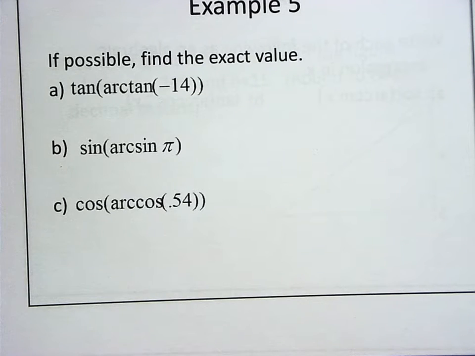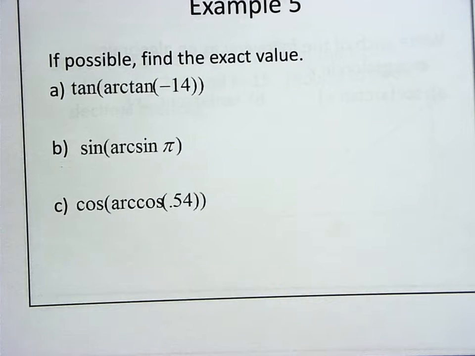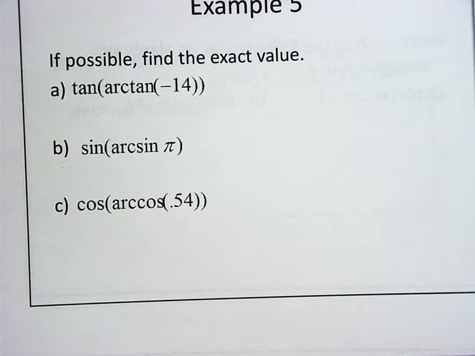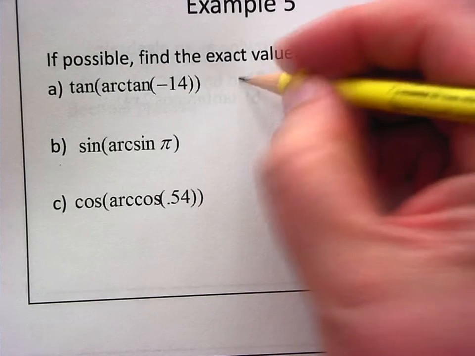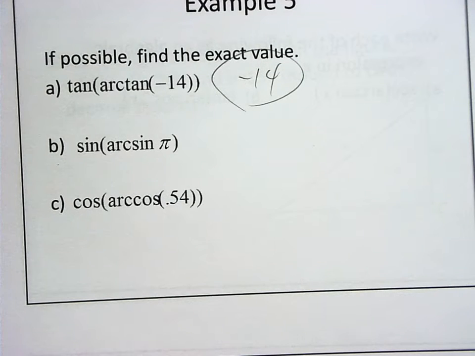If I have something like tangent of the arctangent of -14, this will work because arctangent's domain is all reals. So that answer is just what? Once you know it works, don't make it too hard. Plug it in. No, without the calculator. -14.